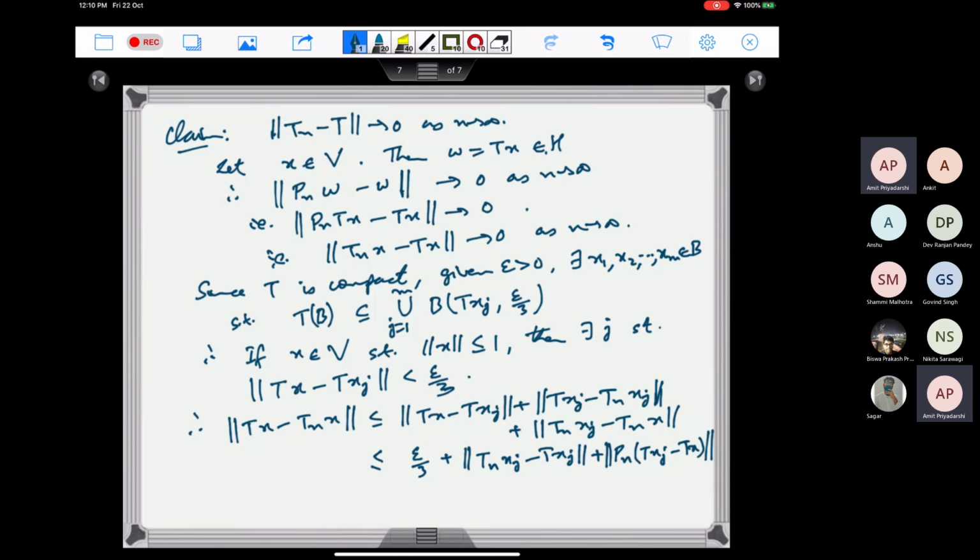And the norm of Pn, this is a projection operator, has norm 1. So this will be less than or equal to the norm of Txj minus Tx. So that is again less than epsilon by 3.